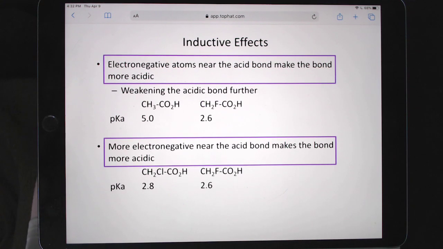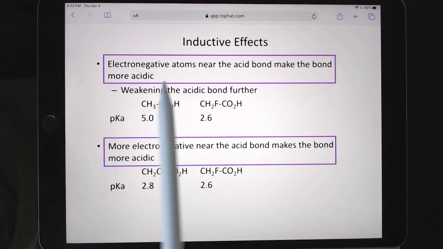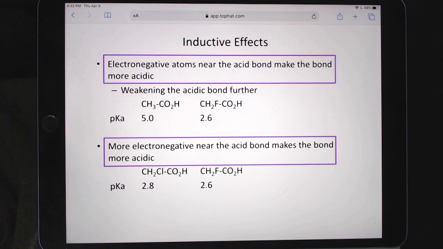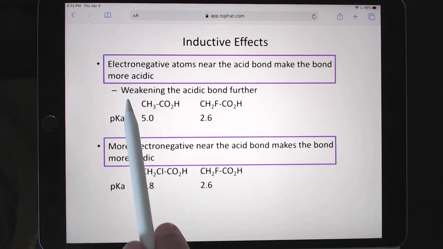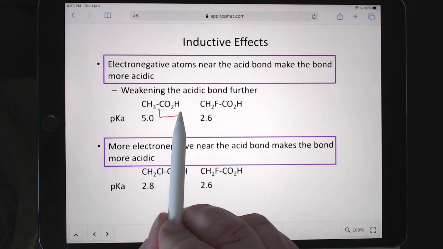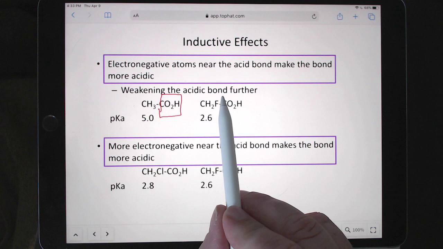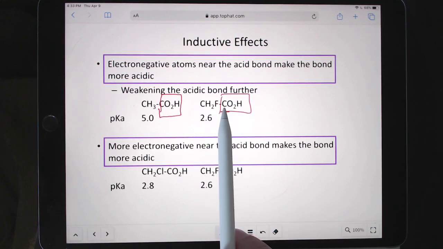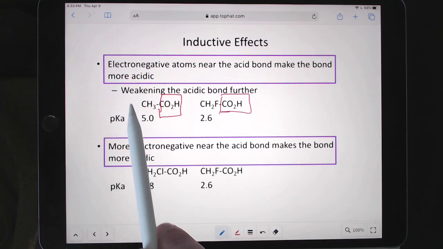Next up are inductive effects, which means having electronegative atoms near that acidic hydrogen. If you take acetic acid, a carboxylic acid, with just regular CH bonds near it, the pKa is about 5.